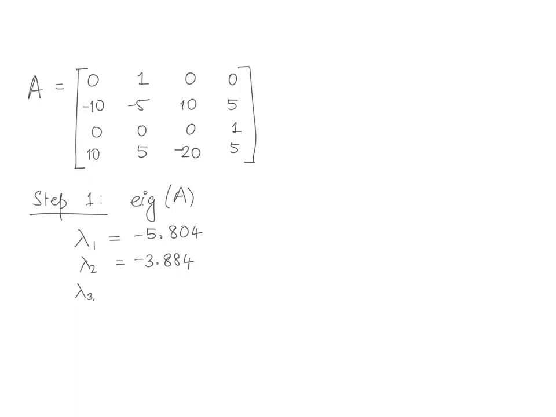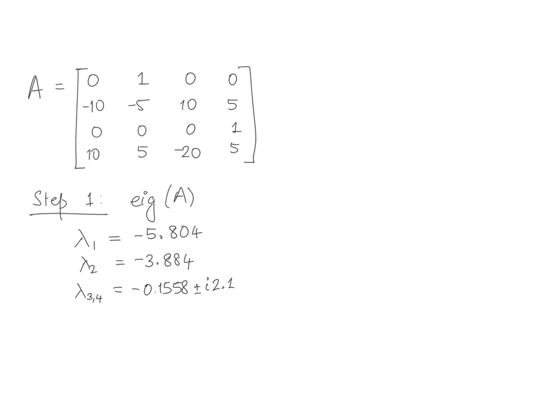I'm just going to write it as 3, 4 because, although they are two separate numbers, we are going to treat it as one single mode, as I discussed previously in class. This is one single second order mode, so I'm going to write the eigenvalues together, and they work out to negative 0.1558 plus or minus i 2.1.